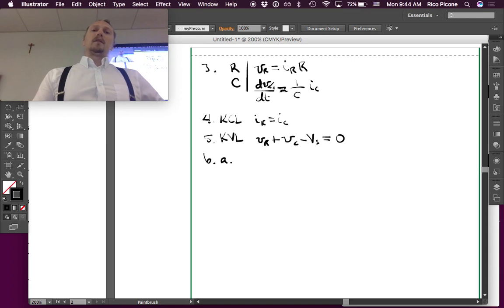We do want to eliminate everything else except for VS, the input. Okay? Now, if we were to plug in the fact that IR equals IC into this first equation, that would eliminate IR from contention in these elemental equations, right? So that's good.